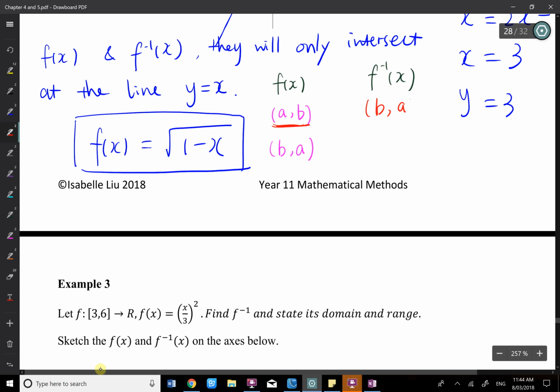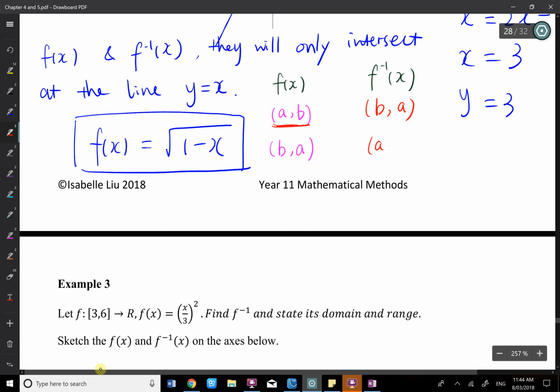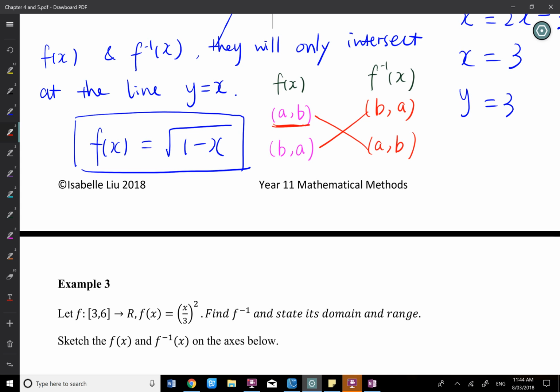So if I have (b, a) on the inverse, what do you have on the original? (a, b). Can you see those will definitely intersect, because in f(x) you already have a pair of coordinates that are reflections in the line y equals x. So (a, b) and (b, a) both exist in the function f(x).